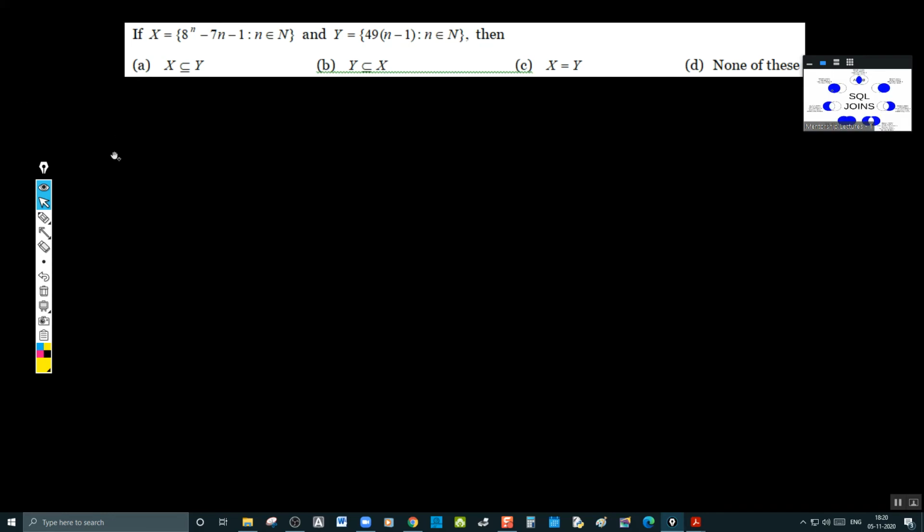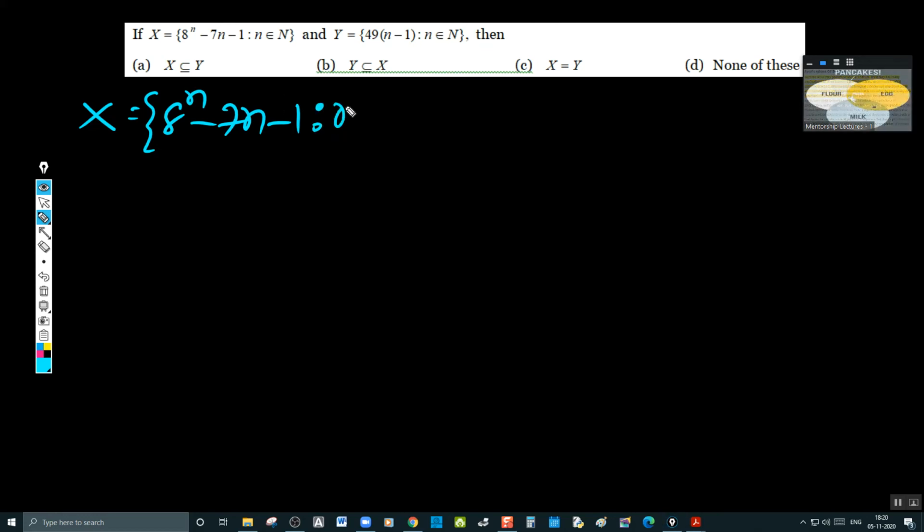Now, if you take x, x is equal to 8 power n minus 7n minus 1. Of course, n is given to be any natural number only.